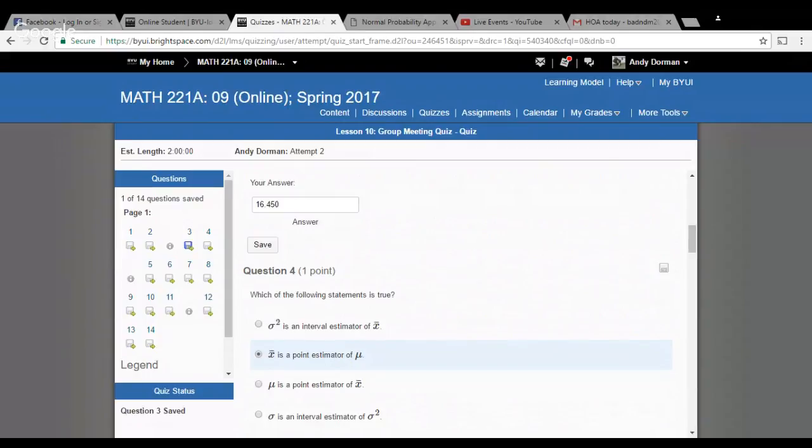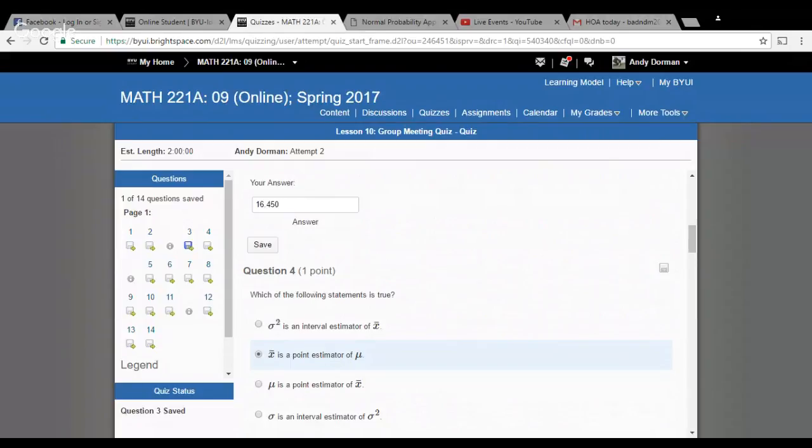Okay, if we can continue here, question number 4. Which of the following statements is true? You understand about point estimator, right? Okay, very good. So in the point estimator, we have, for example, a sample mean, which is the x with a line on top of it.